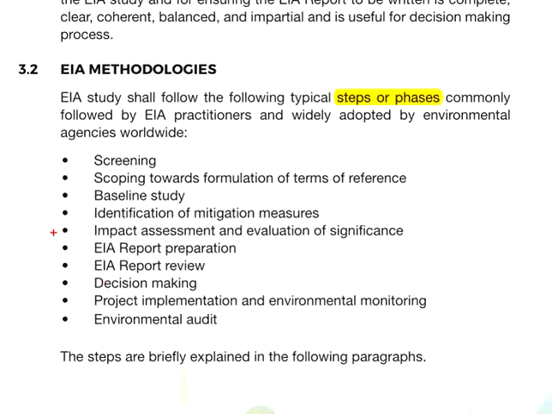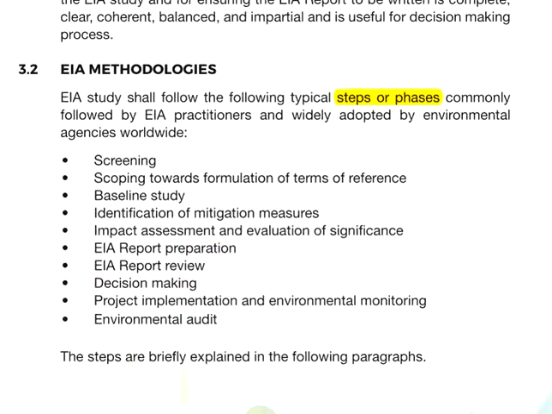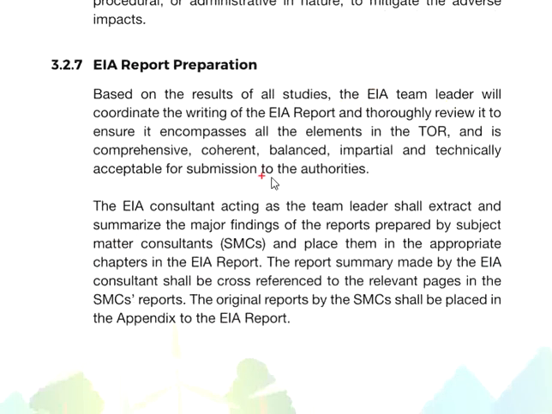Now let us proceed with the following steps of EIA study. We talk about the EIA report preparations. By now you will have the result from the investigative program. Those results should be compiled in the EIA report, encompassing all the elements in the terms of reference.